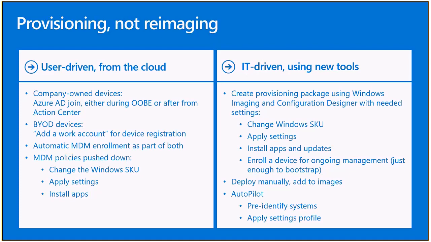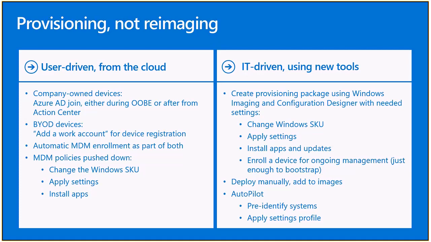We can have them go in to add a work account, and they can perform an Azure AD domain join from there. In that particular scenario, it will actually log them out and create a new profile on the device with that Azure AD account and allow them to log into that and use the services that are associated with it going forward. Versus your BYOD scenario where we simply add that account and associate that account to the device, but they continue to log in as their normal local user account and user profile.